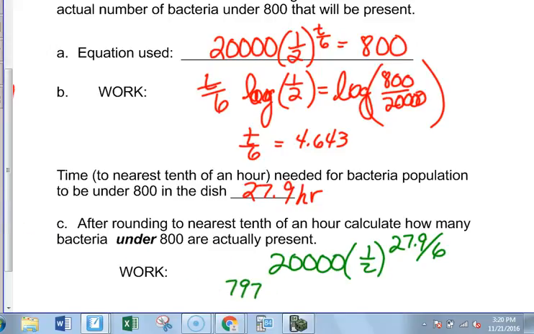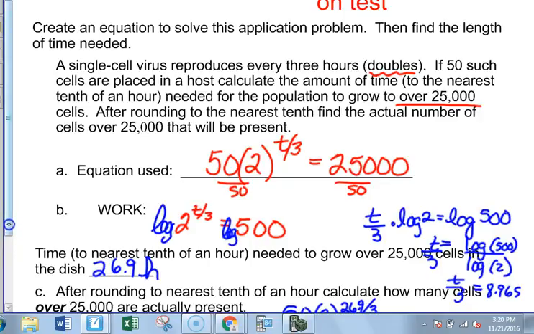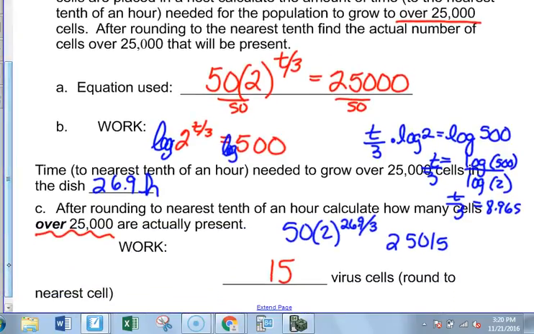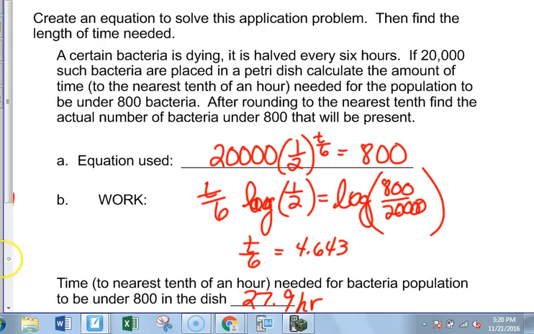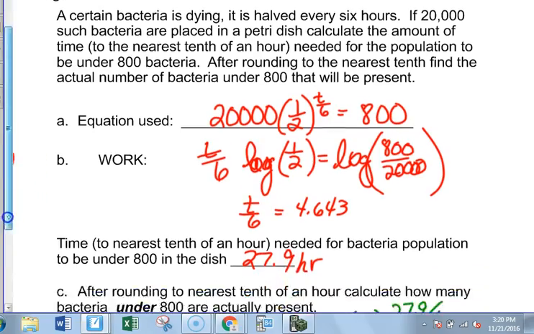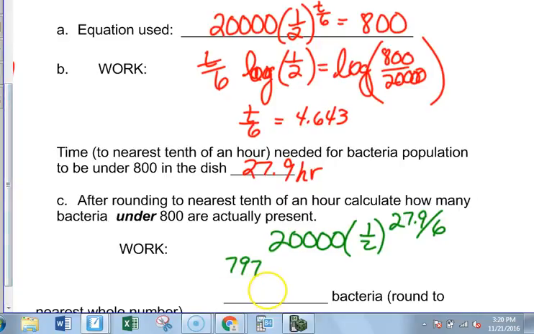So how many under 800 are present? What did I just do? Go back a slide? So this was 3 extra bacteria, or we were under by 3, because it says how many under 800 are actually present. We good?